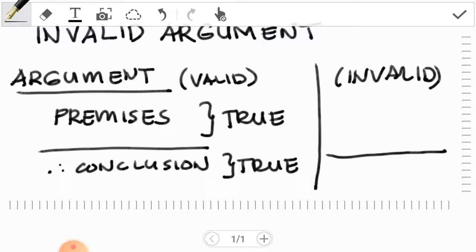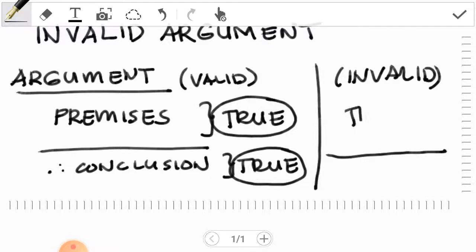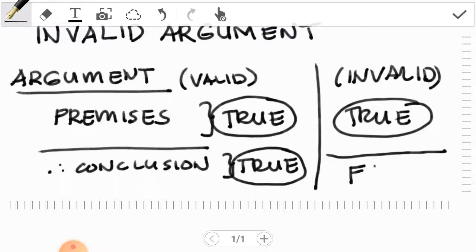Therefore, if for a valid argument all the premises are true and the conclusion is also true, for the invalid argument our premises will be true, but this time our conclusion will be false. Again, an argument is invalid if the conclusion cannot be derived from our premises. So in other words, our conclusion is false and the premises are true.